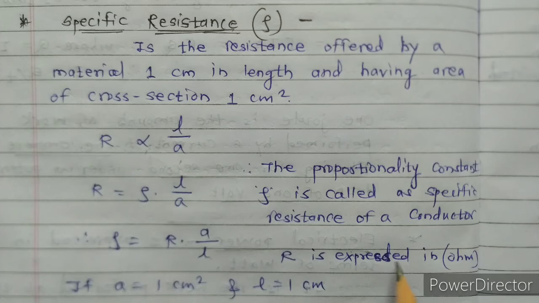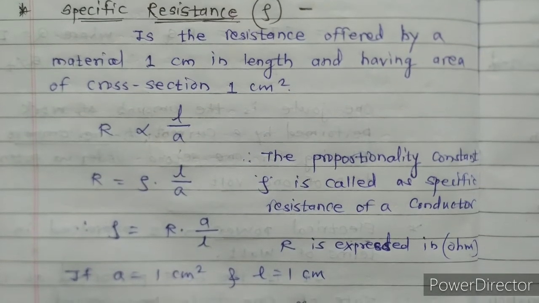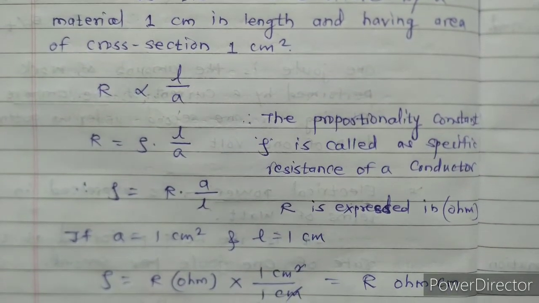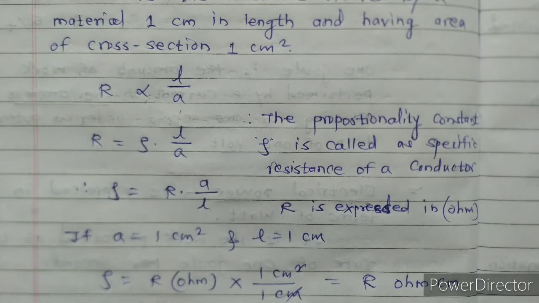Here R is expressed in terms of ohm. If A is 1 centimeter square, meaning the area of cross section is 1 centimeter square, and length is 1 centimeter, then rho equals R into 1 centimeter square upon 1 centimeter, that is A upon L. So we get rho in terms of ohm centimeter.